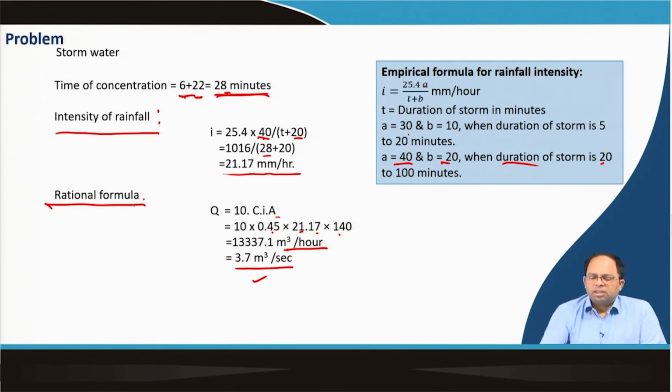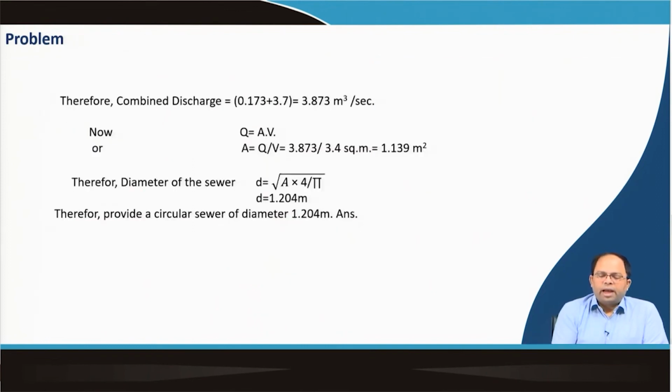Because it is a combined flow, we have to add both the storm flow and the sewage flow. When I add 0.173 and 3.7, we get 3.873 meter cube per second as the total combined flow for this sewer section, and this is the peak flow.